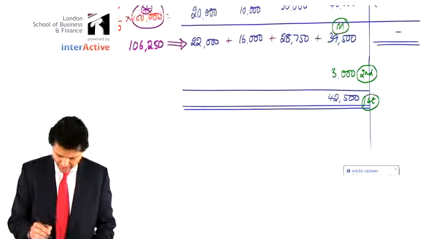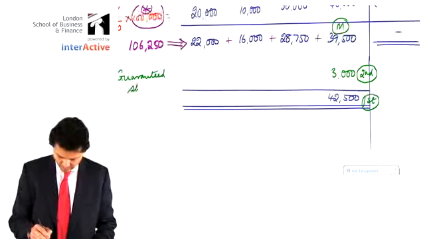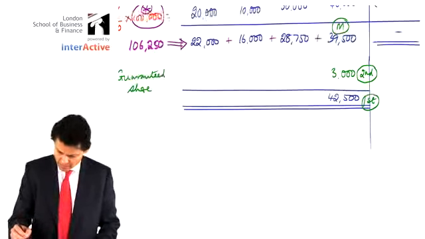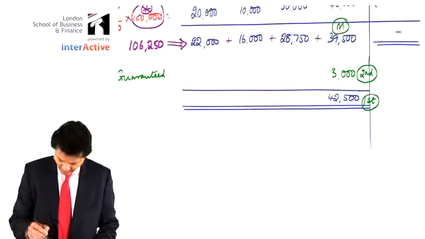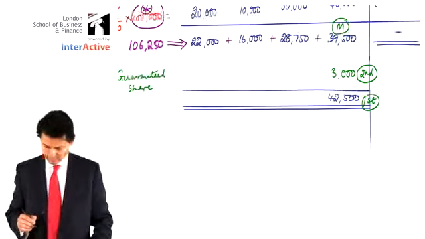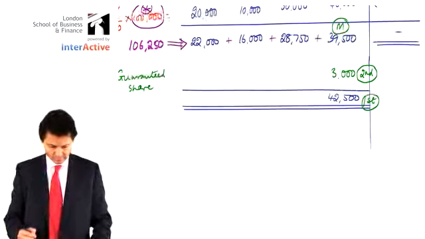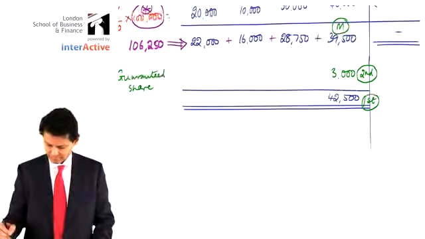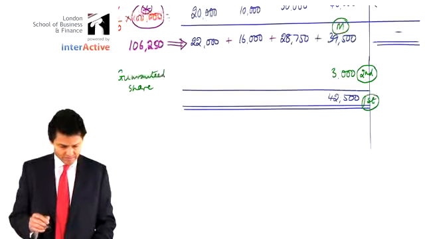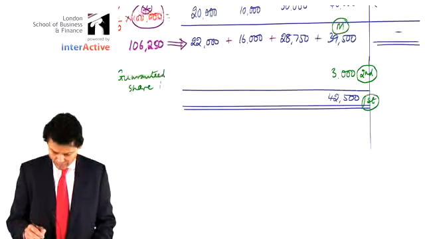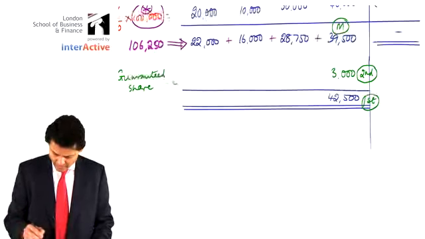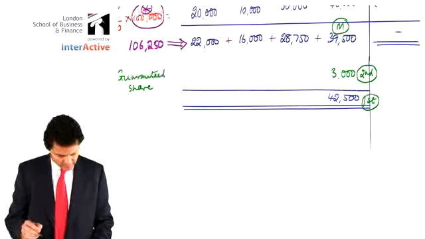So this is the guaranteed share. It's 1:3:4. In fact, what I will do is turn it around the other way. 2:1:3 is what's relevant.